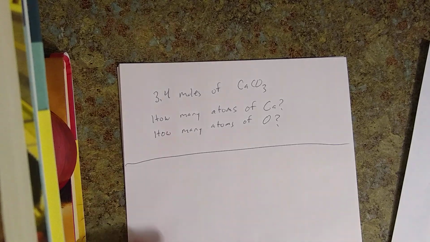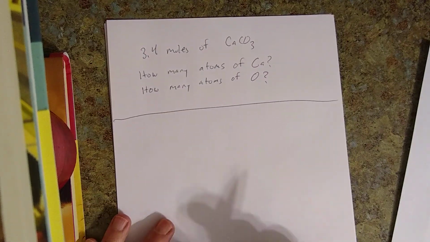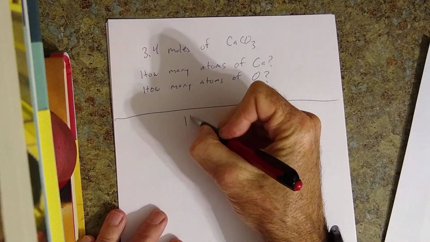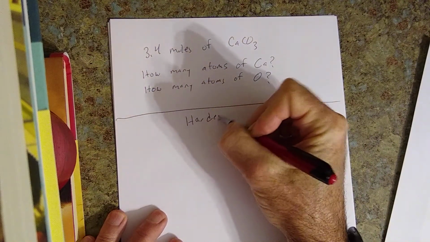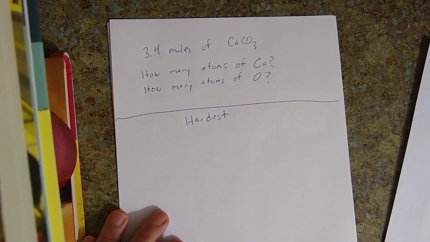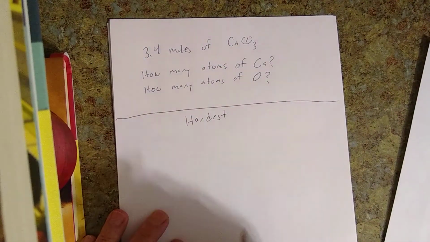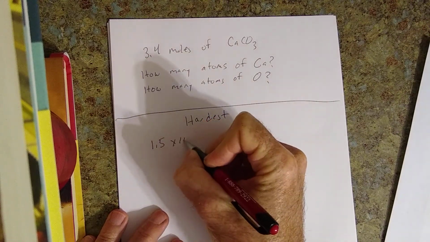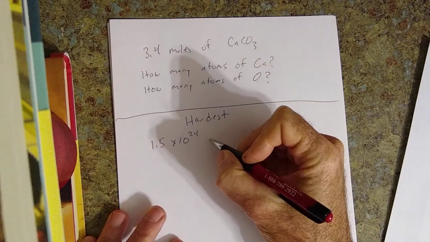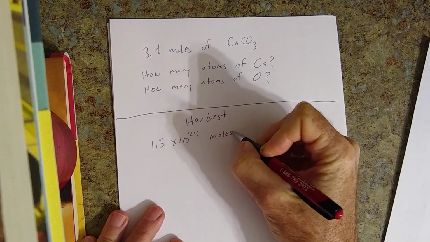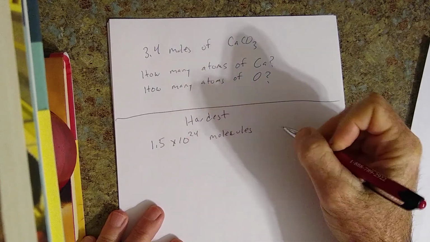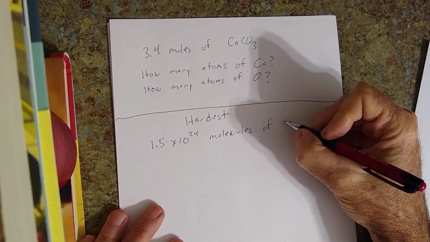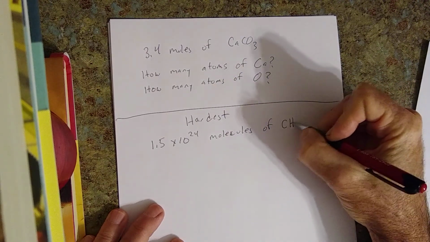All right, now another thing we can do is we can say, this would be the hardest straight up mole problem we could do. Let me show you something. Let's say we have 1.5 times 10 to the 24th molecules of, how about we do methane again?